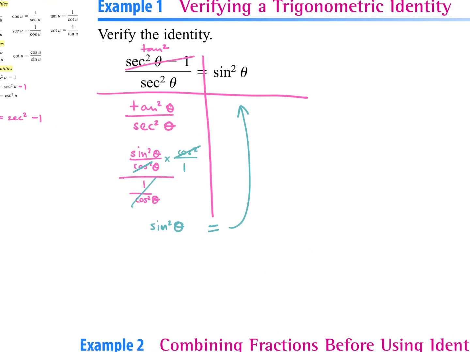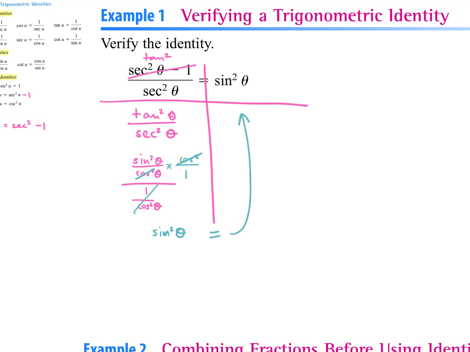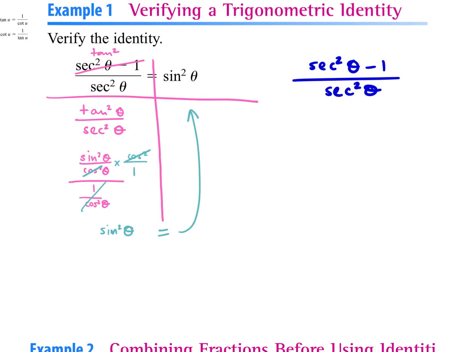Now, with all of these questions, there's more than one way that you can work these out. If I had secant squared theta minus 1 over secant squared, anything else I could do? Does anybody see anything else that we could do to simplify? That might be a little bit more complicated, but it'll probably still work. Since I just have a secant squared on the bottom, I can split this up into two fractions.